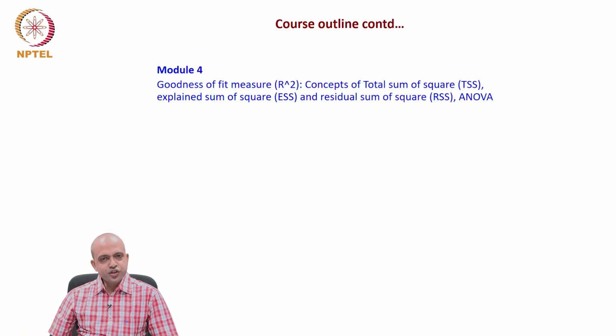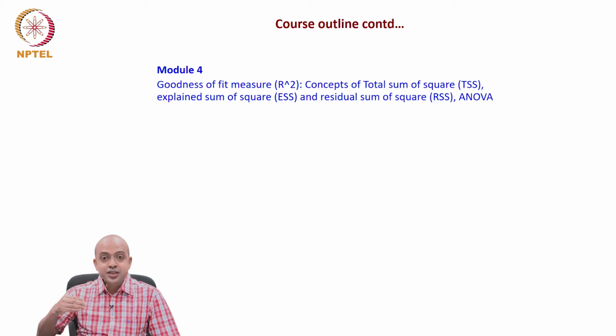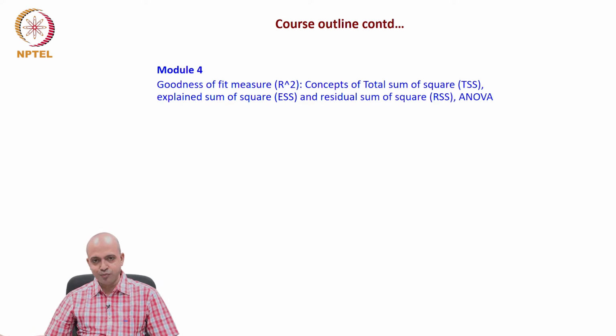So, goodness of fit measure, and then there are three related concepts: total sum of square, explained sum of square, and residual sum of square. The objective of regression analysis is to explain the total variation in your dependent variable with the help of the explanatory variable.